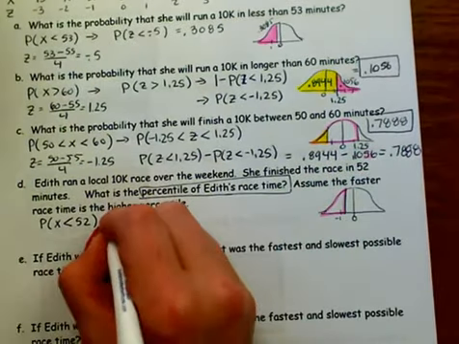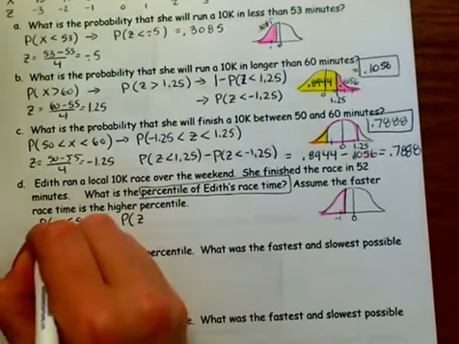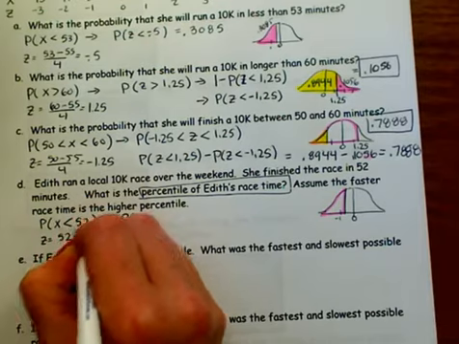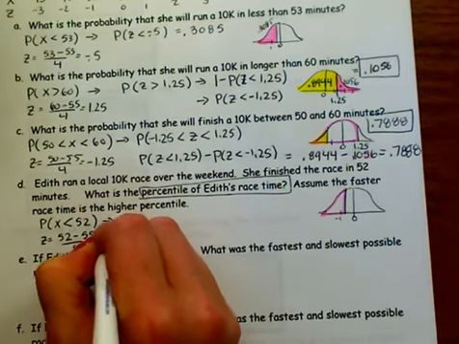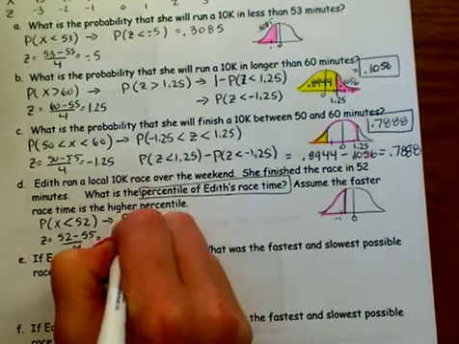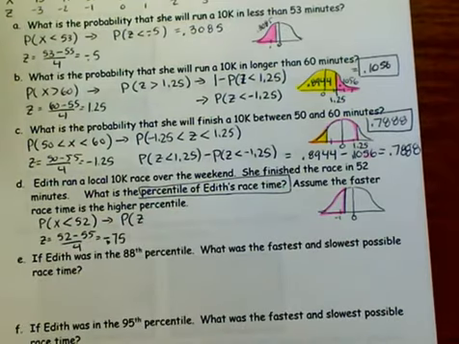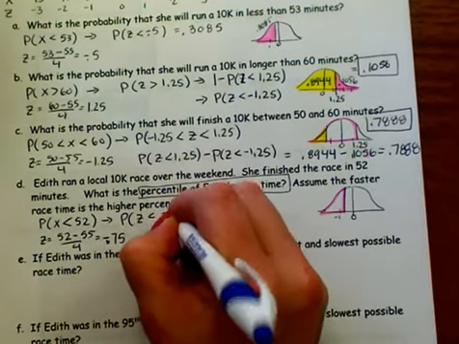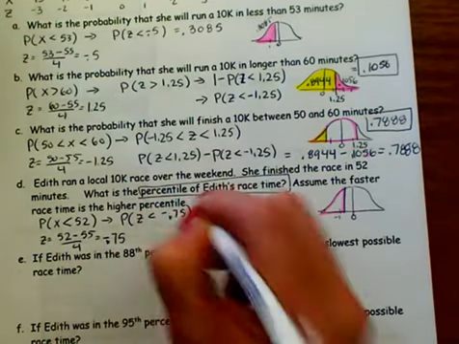Now, I do need a z-score. So the probability that z is negative 0.75. Okay? So let's look this up.